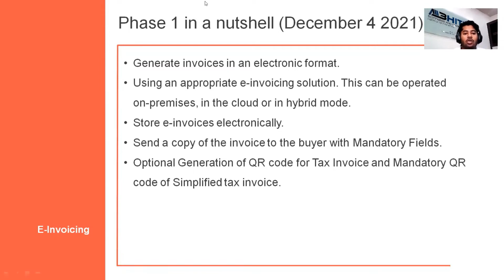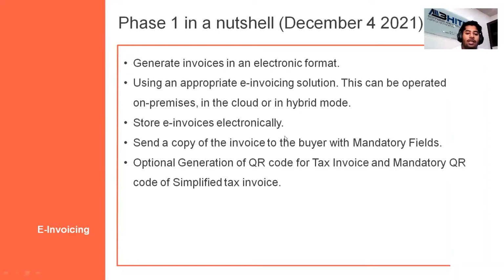These invoices need to be electronically stored. Sellers need to archive all these invoices, and they should be able to present them electronically when requested by the ZATCA authorities. A copy of the invoice would be sent to the buyer with the mandatory fields.